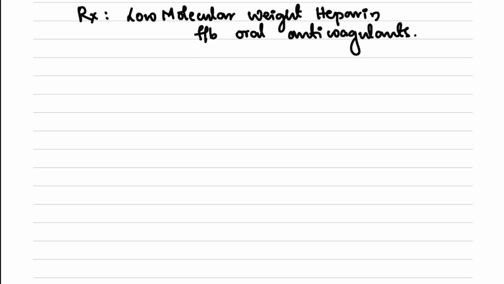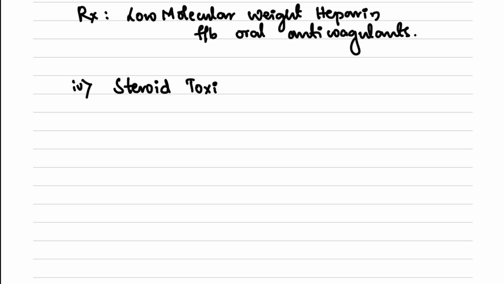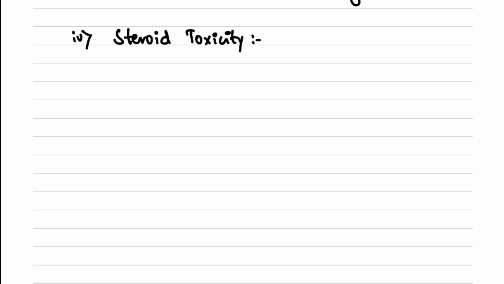Moving on, the fourth complication of a patient suffering from nephrotic syndrome is steroid toxicity. As I just told you, the management of nephrotic syndrome is steroids. So if you give excess steroids, the patient will have steroid toxicity, leading to Cushingoid features.